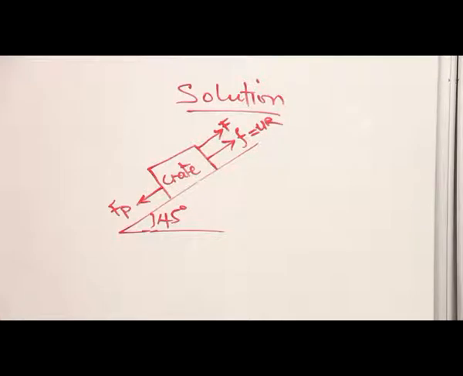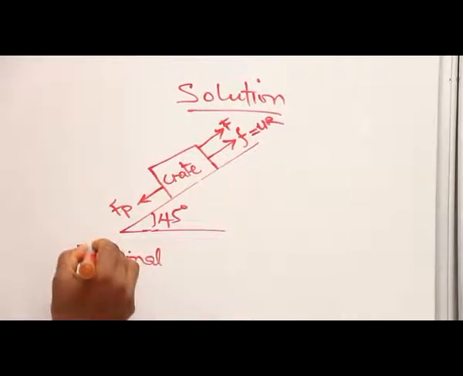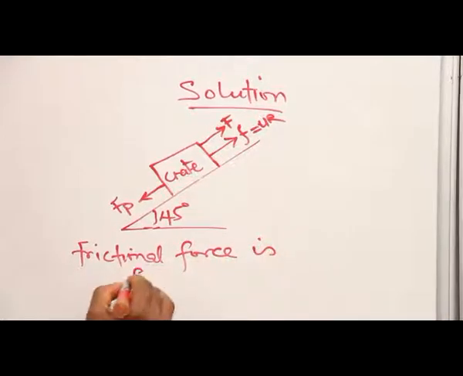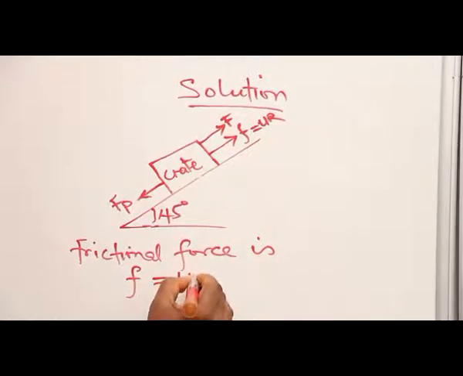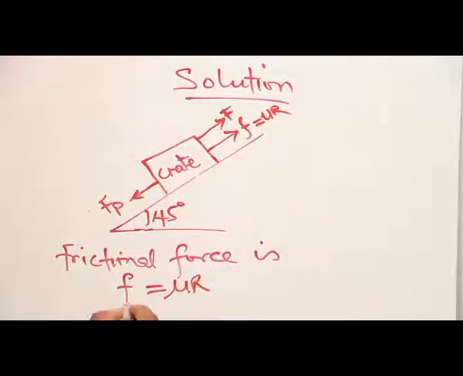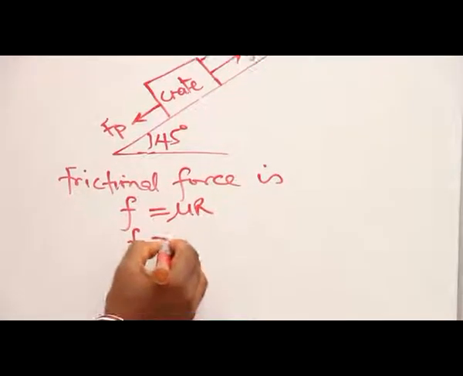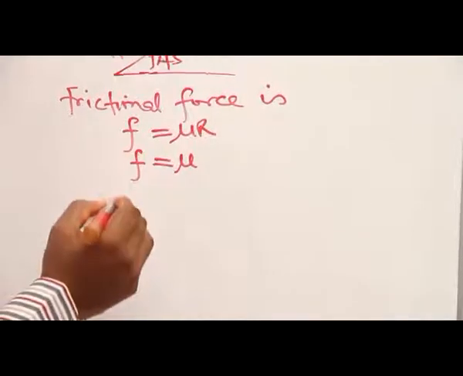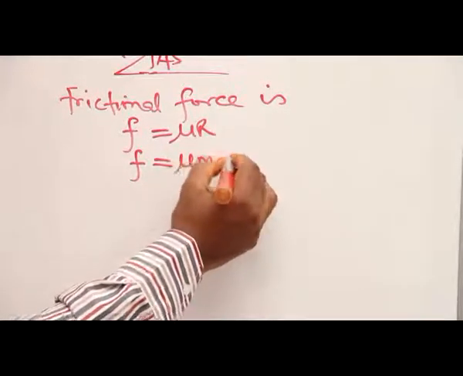So first, let's calculate the force of friction. Frictional force is F, which is coefficient of friction times normal reaction. For a body inclined in a plane like this, the normal reaction is mg cos theta.